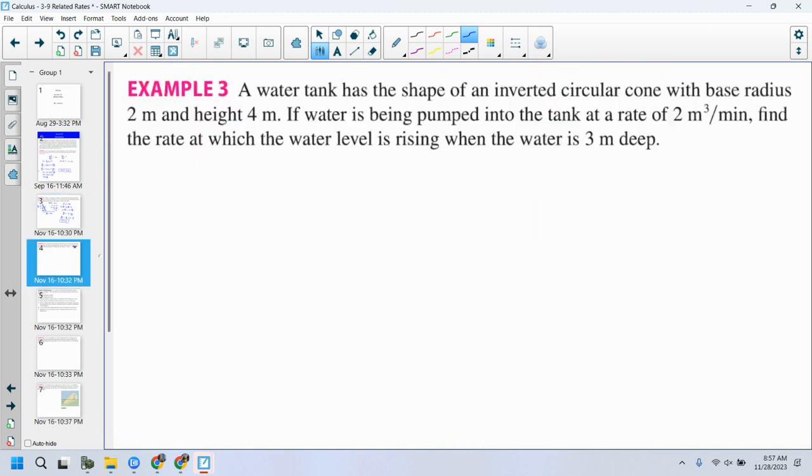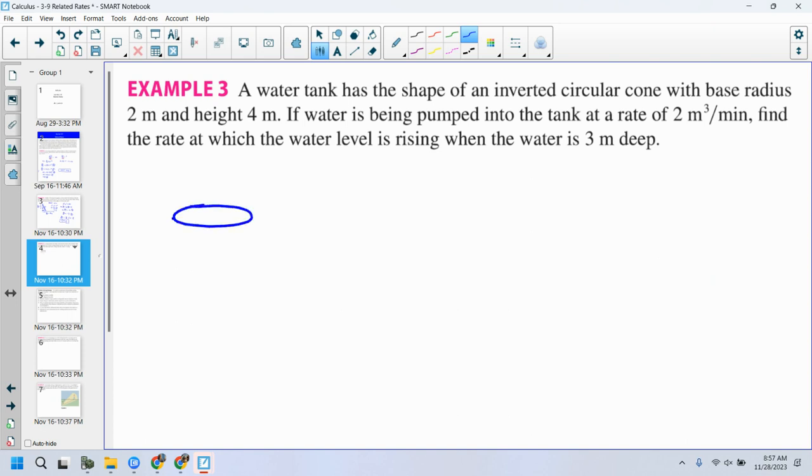Let's take a look at another one. A water tank has the shape of an inverted circular cone. Ooh, inverted circular cone. So that just means it looks like an ice cream cone, right?